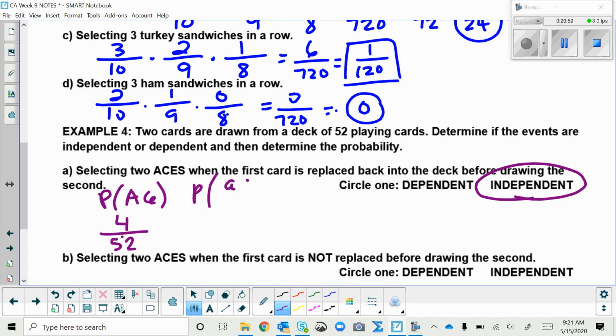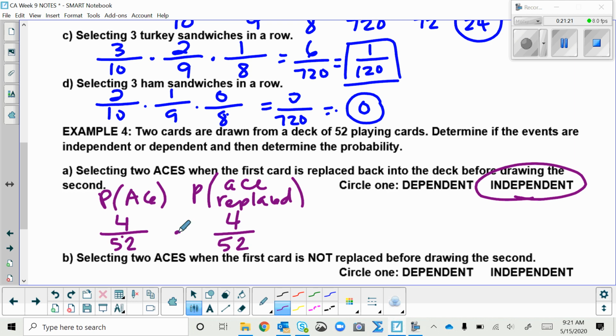When you return the ace to the deck, you replace it. How many cards are there possible for you to draw from? Still 52, right? And it's still the same 4 aces that you could possibly draw. So then we multiply those together.